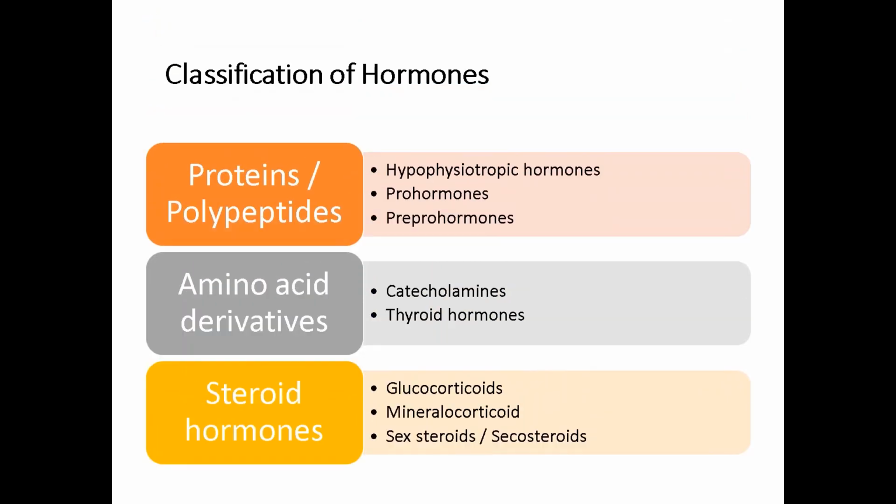A hormone can also be classified based on its chemical nature or where it is derived from. So basically, you have three classifications. You have proteins and polypeptides, amino acid derivatives, and steroid hormones. And listed on the right are examples of these classifications.